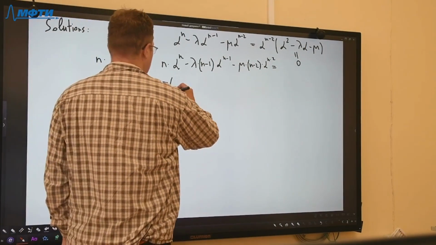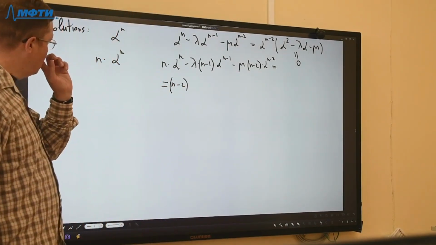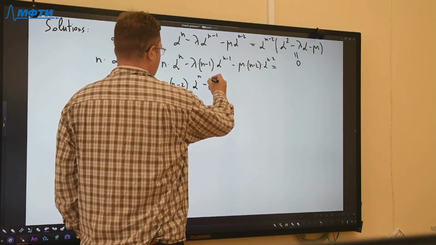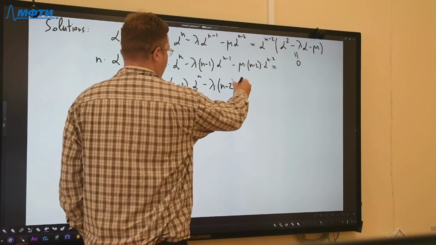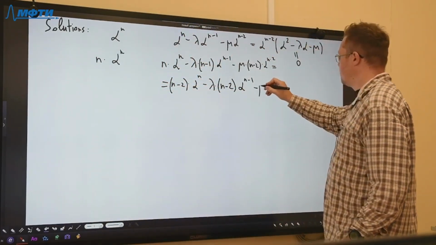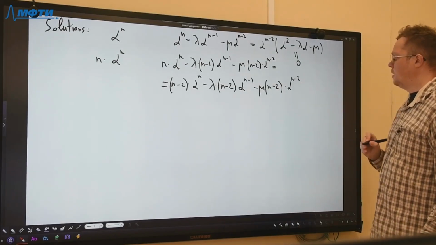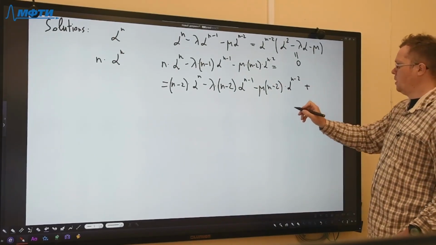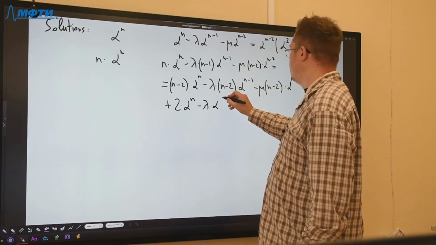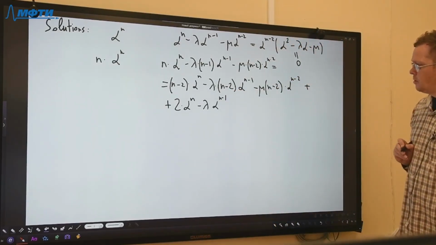So again, if we try to find something similar to the previous identity, then we can write something like this. We rewrite this as (n minus 2) times alpha^n minus lambda times (n minus 2) times alpha^(n-1) minus mu times (n minus 2) times alpha^(n-2), and so I need to add 2 times alpha^n minus lambda times alpha^(n-1).